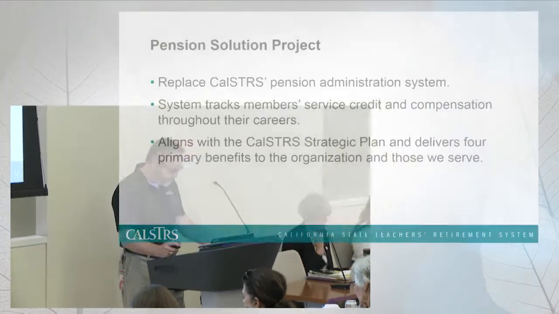Now, for anyone unfamiliar with what the Pension Solution Project is, let's just cover this really quickly. Some of this, many of you might already know, but just in case. The Pension Solution Project replaces the CalSTRS pension administration system. The system will track member service credit and compensation throughout their careers.